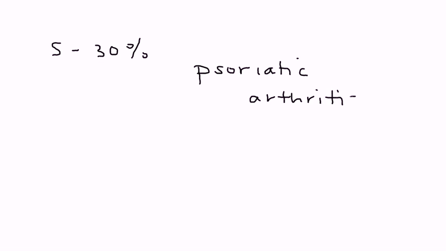And one thing I wanted to mention before I get to diagnosis and treatment is that as many as 30% of patients with psoriasis can develop something called psoriatic arthritis, where their joints are affected. So that can definitely show up in the clinical vignettes as well.